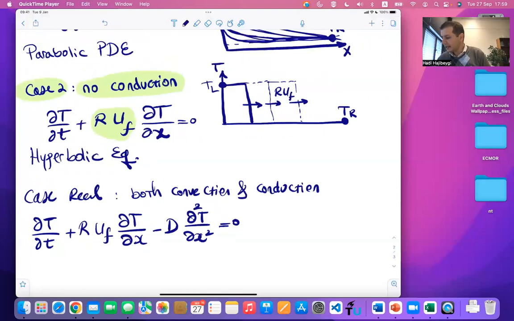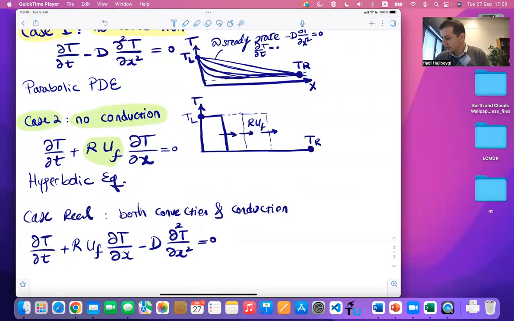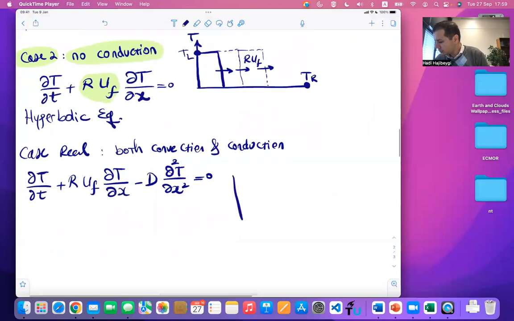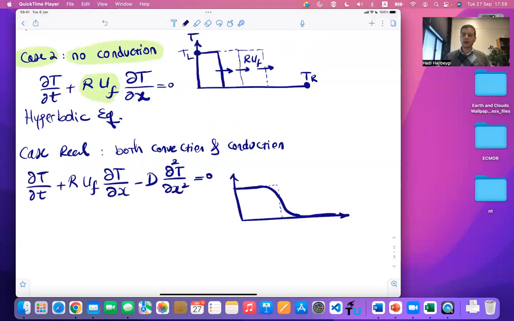Now it will be a combination of diffuse temperature and sudden drop of the temperature. So how could you imagine that this can happen? You have a combination of a drop and a smooth change because of conduction. Instead of having a sharp drop, as convective heat flux would give, since you have conduction, it will smooth your front region and make it look like this.